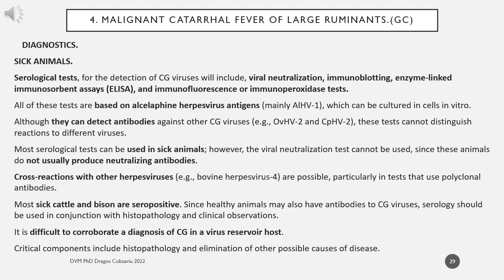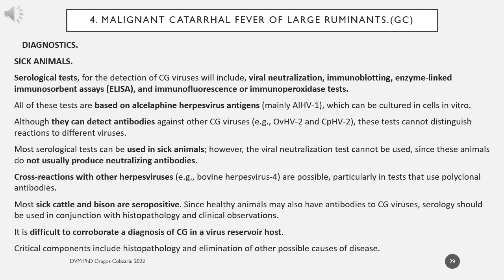Although they can detect antibodies against other CG viruses, e.g., OvHV-2 and CpHV-2, these tests cannot distinguish reactions to different viruses. Most serological tests can be used in sick animals, however, the viral neutralization test cannot be used, since these animals do not usually produce neutralizing antibodies.